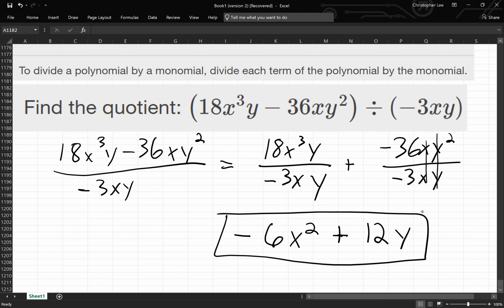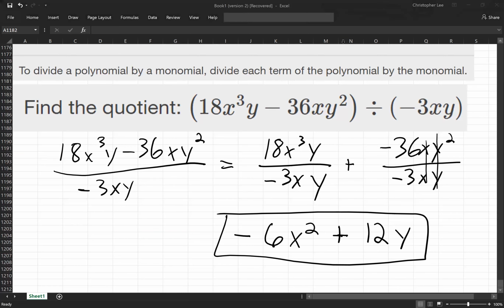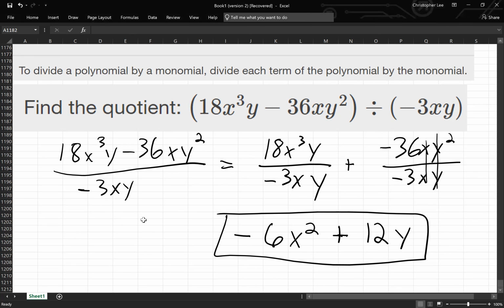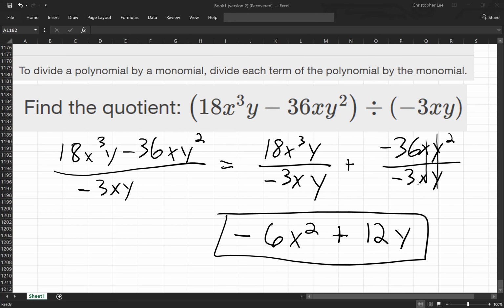Questions on that? So why are the y and the x not on both sides of the fraction? It is, no? Negative 3xy, negative 3xy. They're on both sides of the fraction.